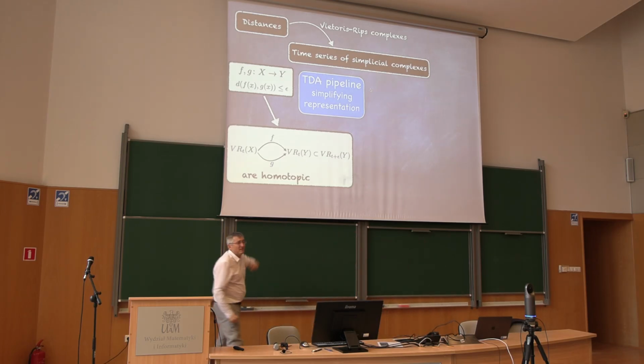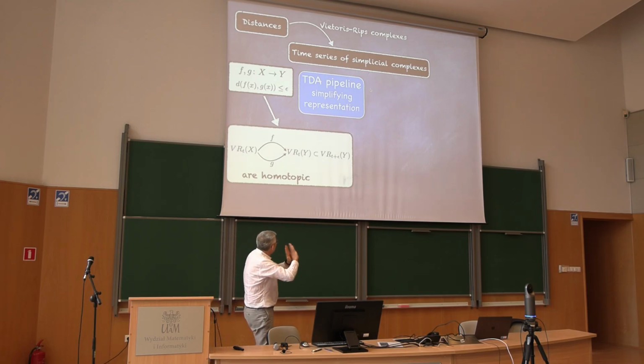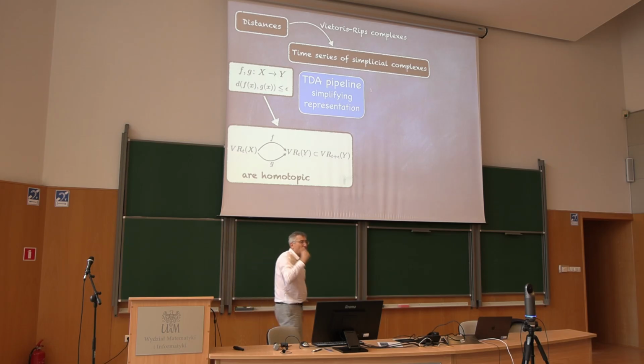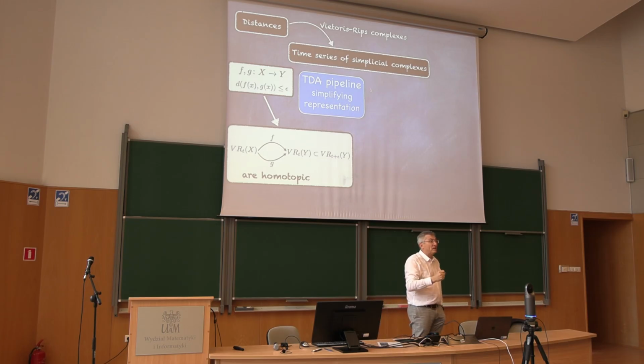Maybe F and G are not the same, but if you move a little bit in time by that error, you get homotopic maps. The Vietoris-Rips construction has this property that it converts imprecision into a homotopy relation.